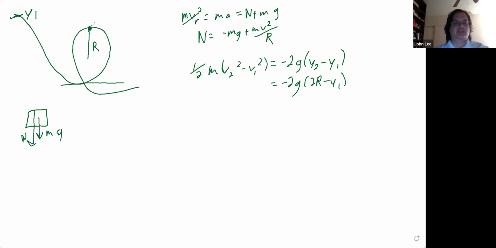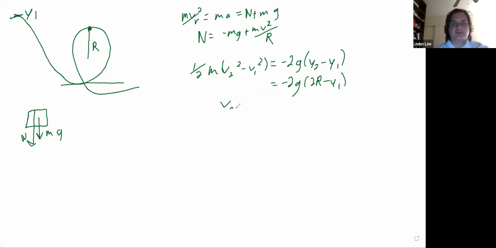So 2r is going to be the final value because the radius of the loop is 1/2 of the diameter, is 1/2 of the height of the loop.